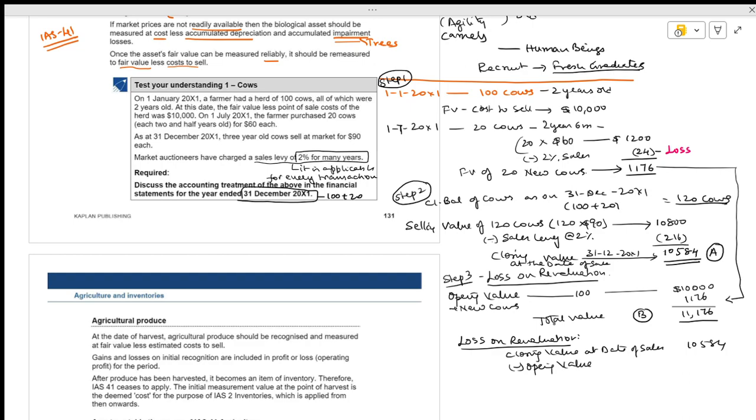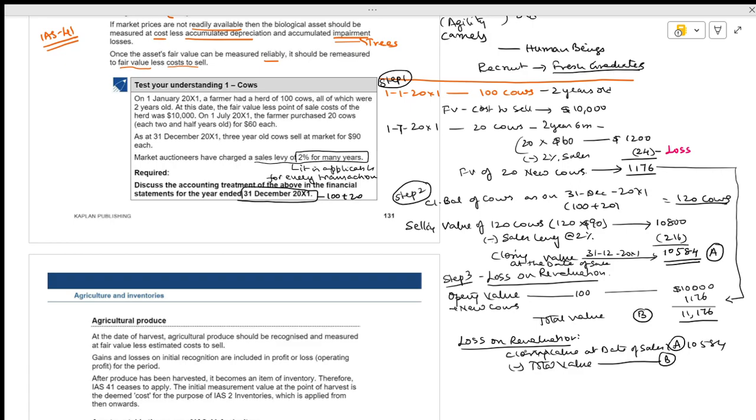Okay, total value. I cannot put it as an opening value; you can put it as a total value. This is A, and this is B.